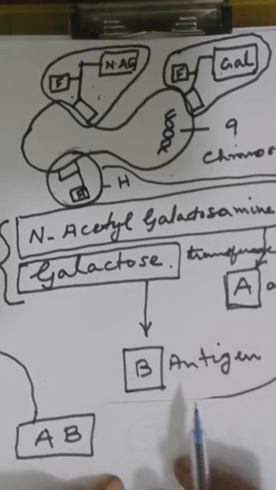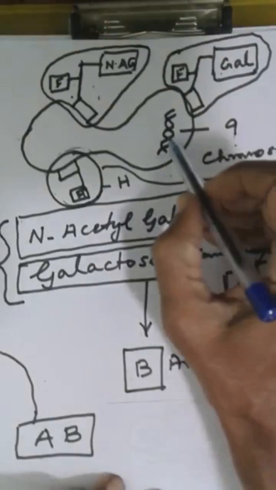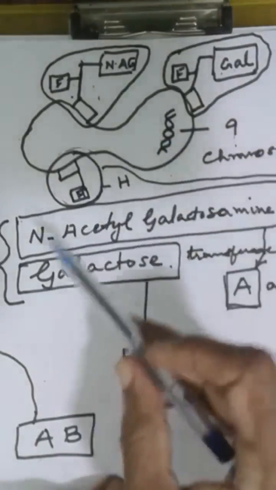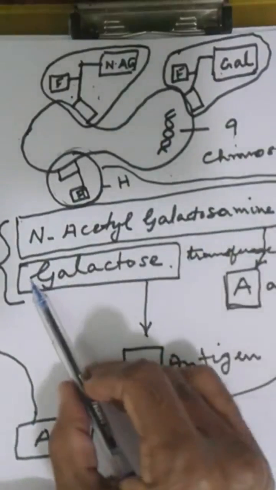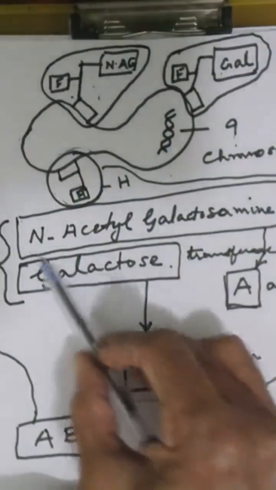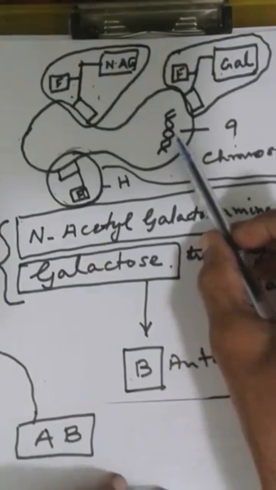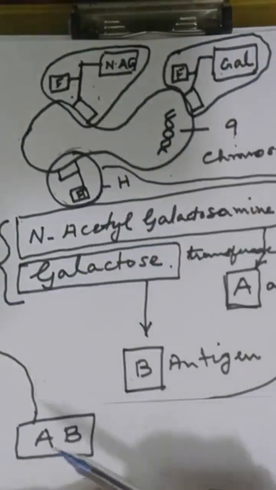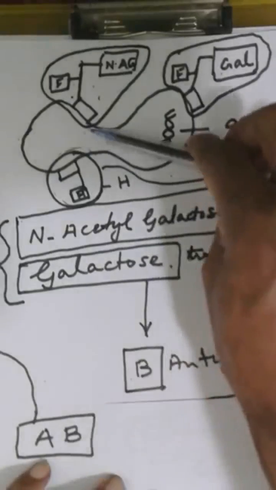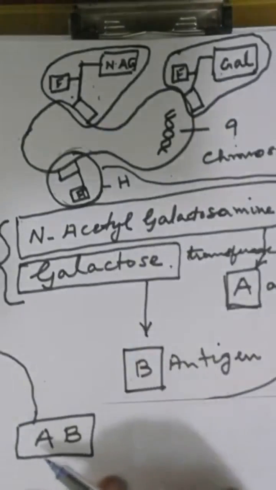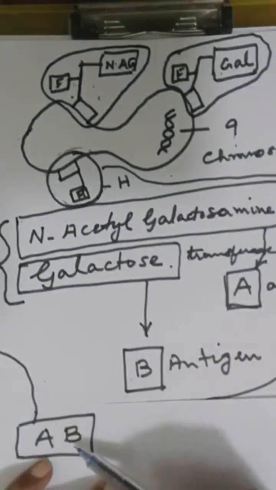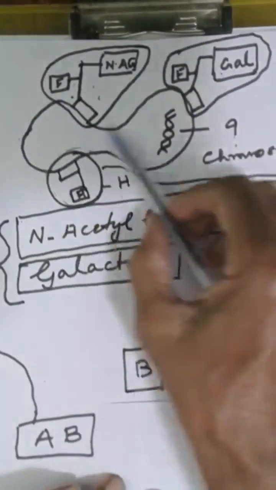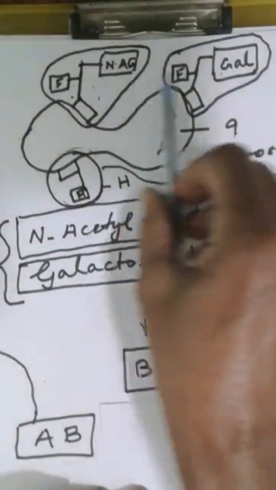Now take another case. If this gene in chromosome number 9 expresses both these substances being transferred to here and here, then that person is having antigen A and antigen B together in his erythrocyte or in his RBC, as I have drawn here.